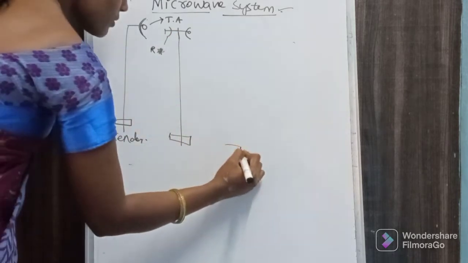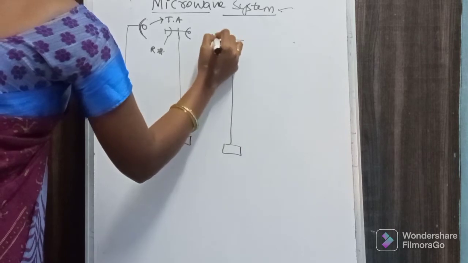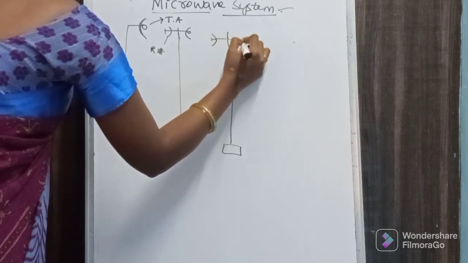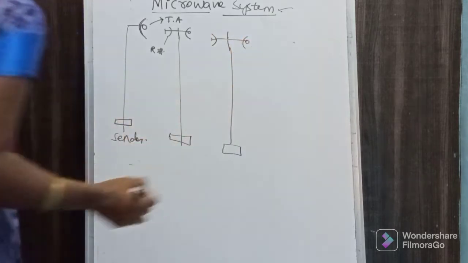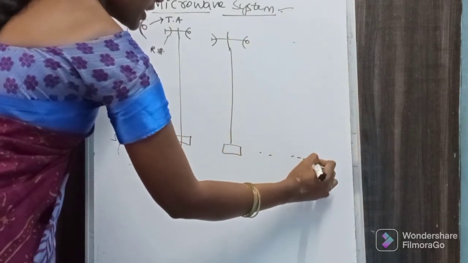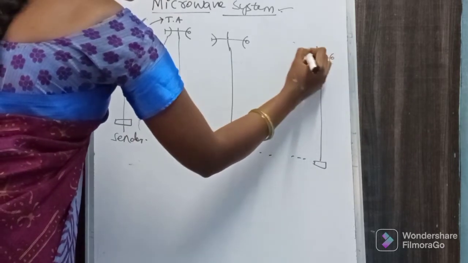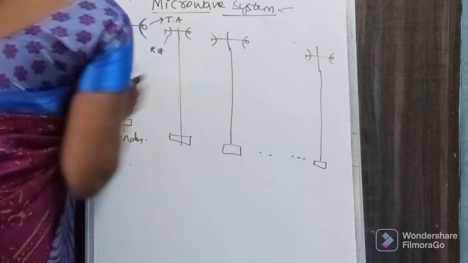So like this, however much distance you have between sender and receiver, at each and every location what we need is antennas as repeaters. Right?